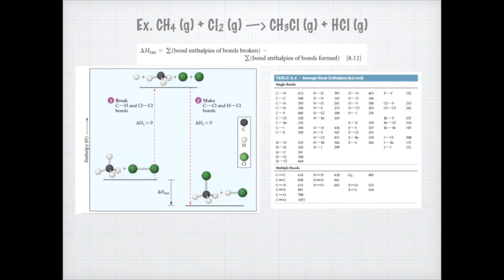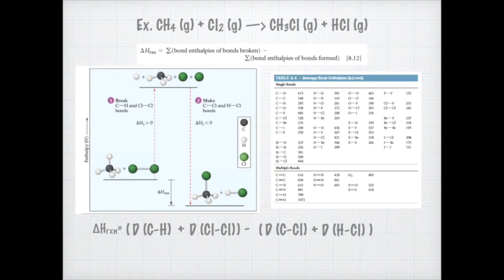So I'm going to take the bond enthalpy of carbon and hydrogen, which I represent with D, so it's the bond enthalpy D of carbon and hydrogen, and I'm going to add to that the bond enthalpy of chlorine and chlorine, and I'm going to subtract from that the bond enthalpy of carbon and chlorine, because that bond is being formed, and I'm going to add to that the bond enthalpy of hydrogen and chlorine, because that's being formed.